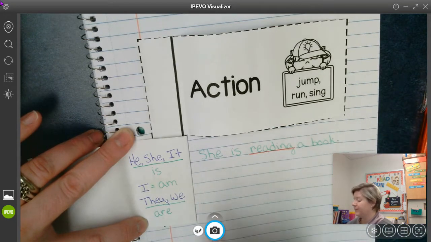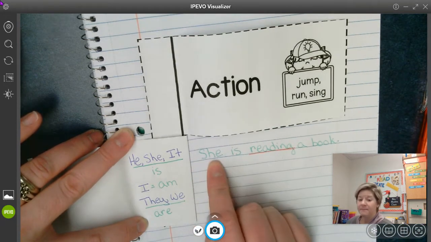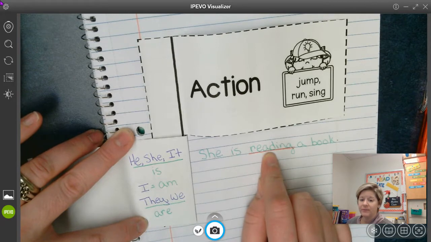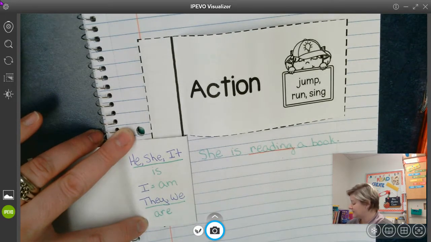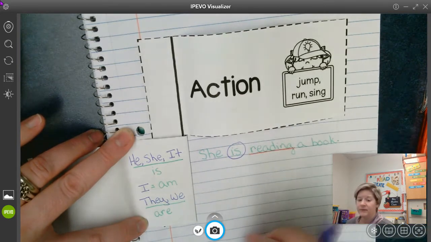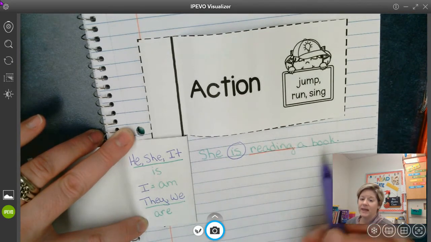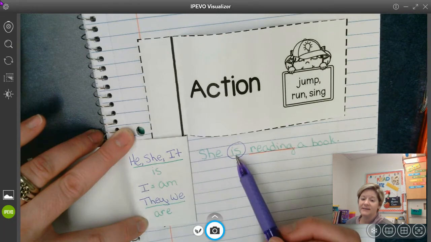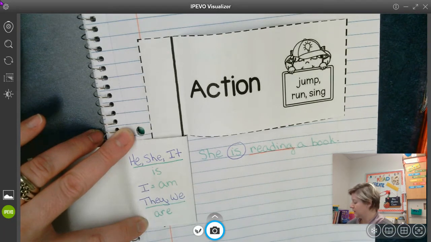So my linking verb, what is linking my noun to my verb, is the word is. So is my linking verb. I wouldn't say she reading a book. I have to say she is reading a book.